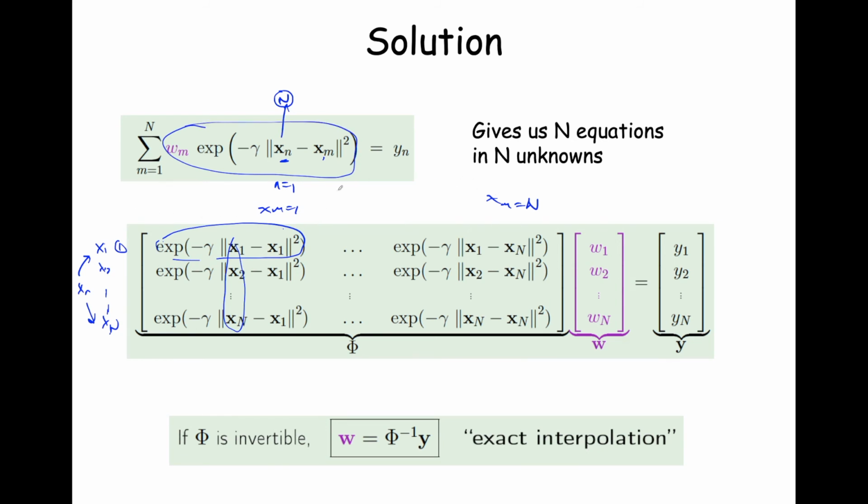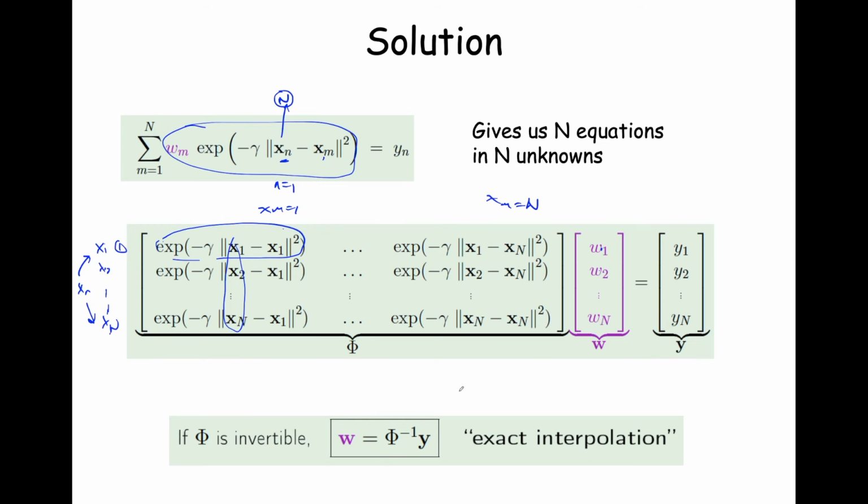And so we want to multiply each equation, each row, by a weight vector. So there's our weight vector, W1, W2, up to including W big N. And we want this product of our N equations times our weight vector to equal our target vector y.